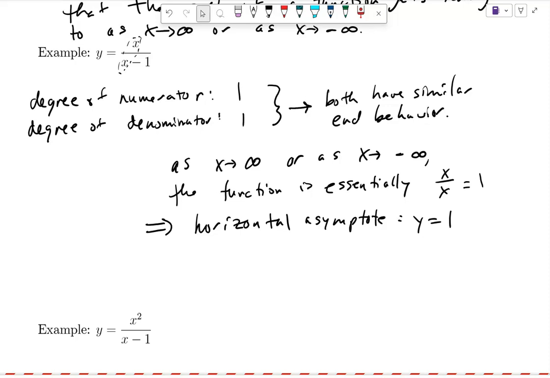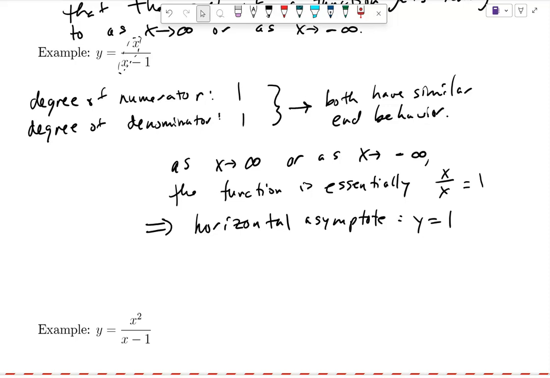The highest degree term, right? So as x gets really, really big, what matters on top of the fraction for this function?